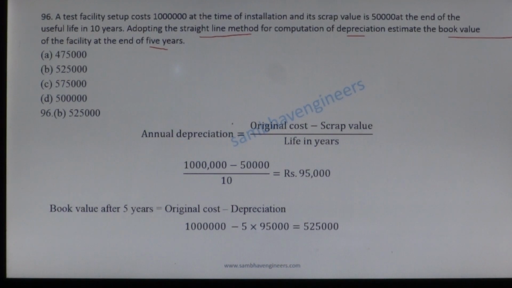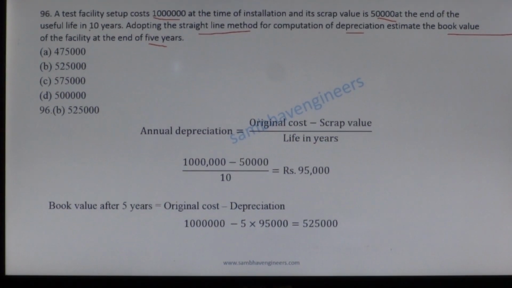Annual depreciation is given by original cost minus scrap value divided by life in years. Here original cost of the facility is 10 lakh rupees. Scrap value of the facility is 50,000. Life is 10 years.